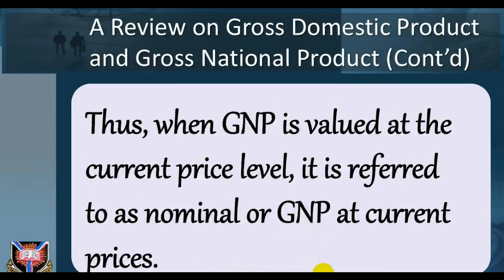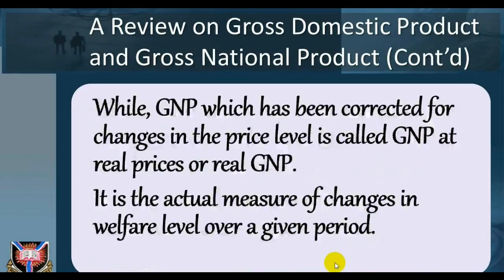Thus, when GNP is valued at the current price level, it is referred to as nominal GNP, or GNP at current prices. On the other hand, GNP which has been corrected for changes in the price level is called GNP at real prices, or alternatively real GNP. It is the actual measure of changes in welfare level over a given period.